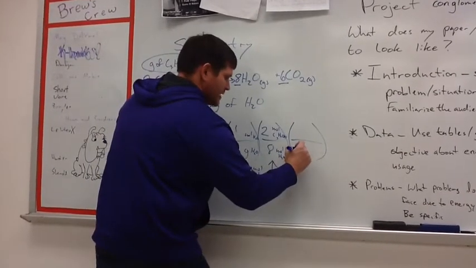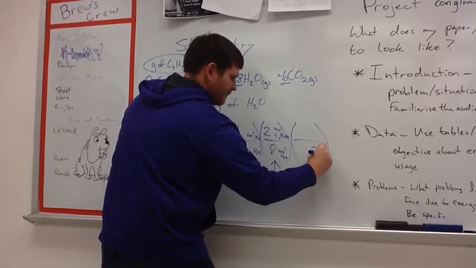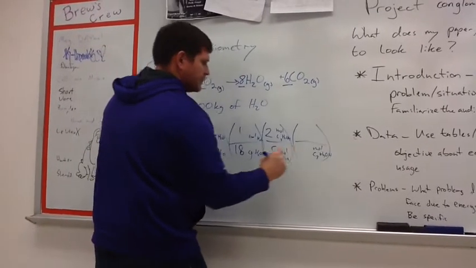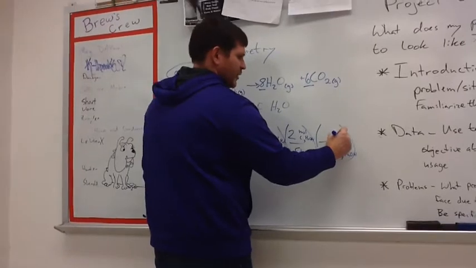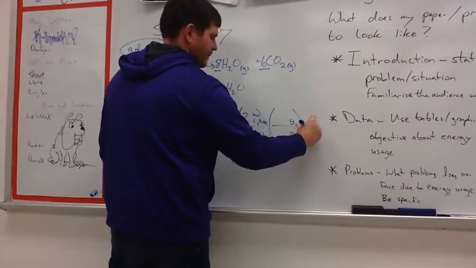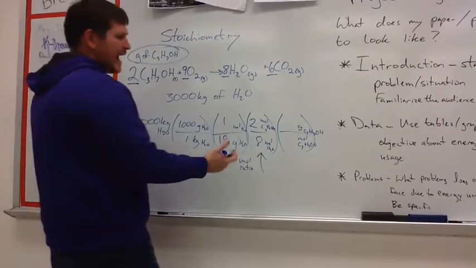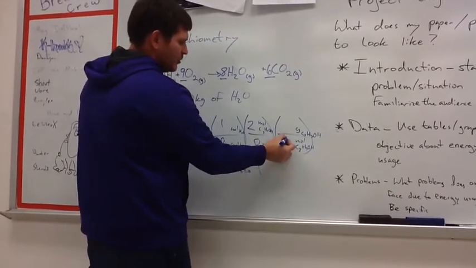So, moles of isopropyl, I should be able to go to grams of isopropyl. And when I do that, now I go back to using the 1 as my mole number.